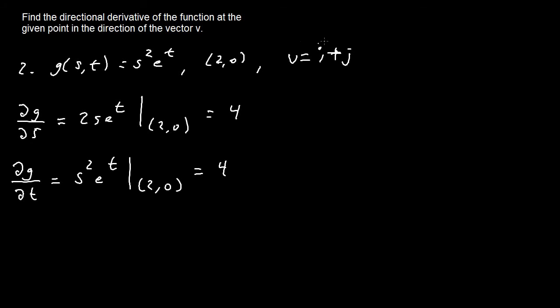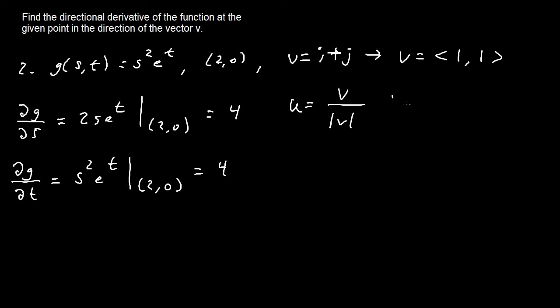And so finding the unit vector here, we have the vector v. If we write it in component form, we could also write vector v as 1, 1, since the x component is 1, the y component is 1 as well. And so the unit vector is going to be the vector v over the magnitude of vector v.